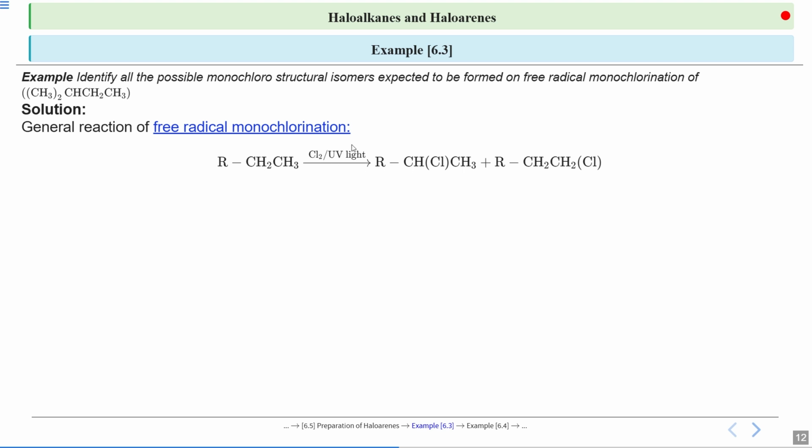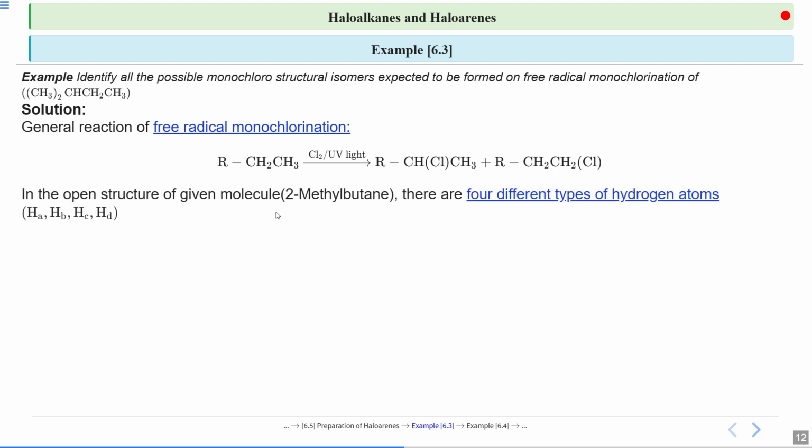So in this free radical monochlorination process, you will get your product as RCHClCH3 plus RCH2CH2Cl. That means 1-chloroalkane and 2-chloroalkane.